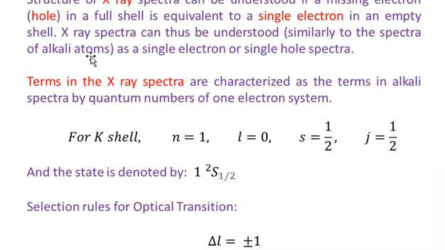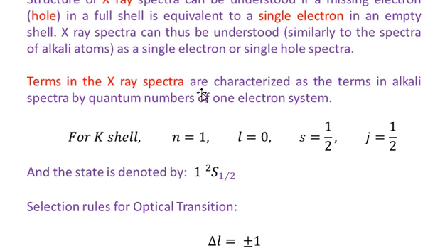I have also discussed alkali metal atoms and their spectra in much greater detail. So if you want to know the spectra of the alkali metals, you should consult one of my previous lectures on the topic.